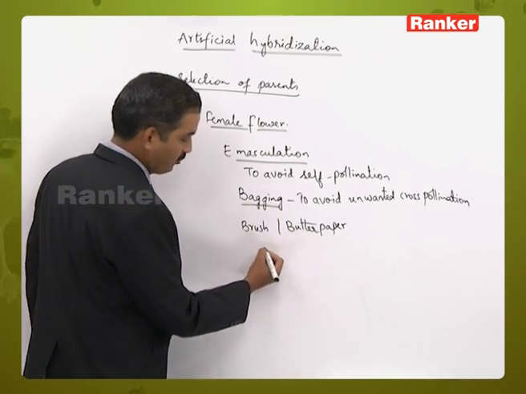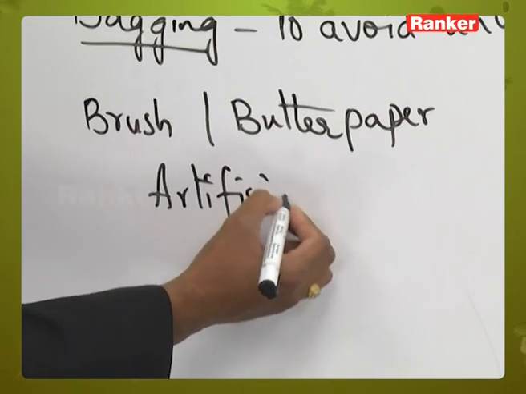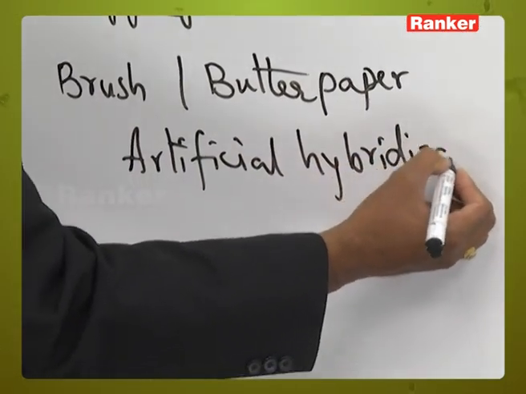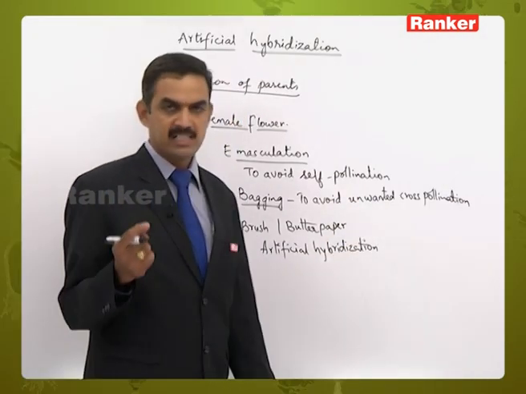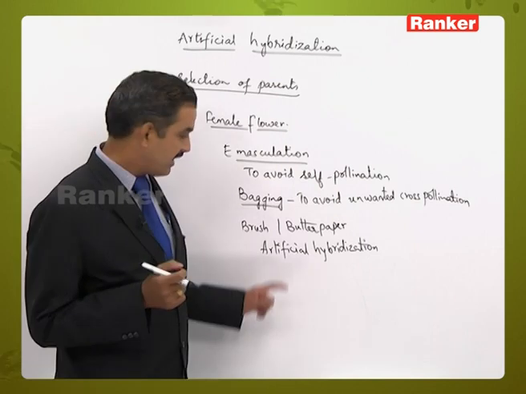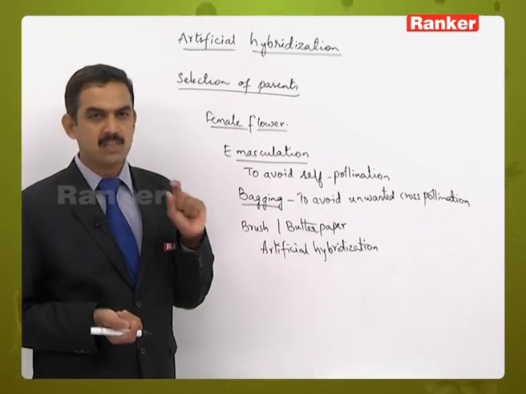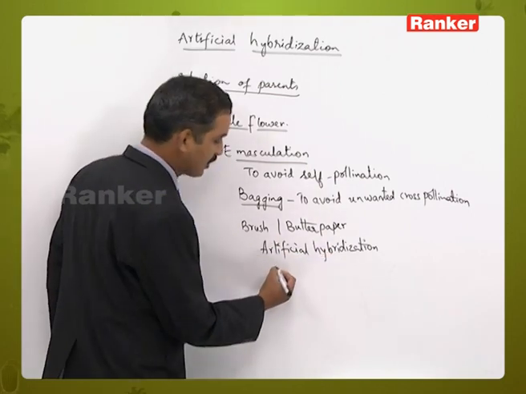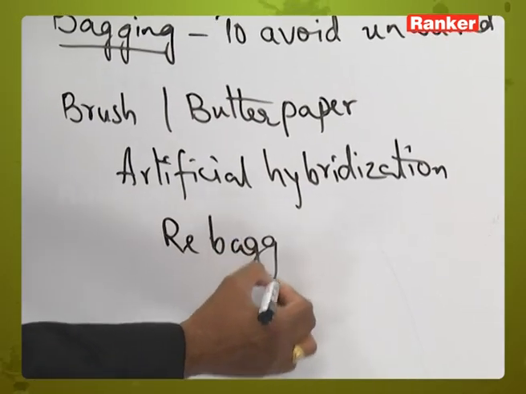After doing so, that is what we call the actual artificial hybridization process. With the help of the brush or butter paper, the pollen grains are collected from the male parent and brushed on the stigma of the female parent, and this process is called artificial hybridization. And after artificial hybridization, once again we have to go for bagging. We now call it the rebagging process.